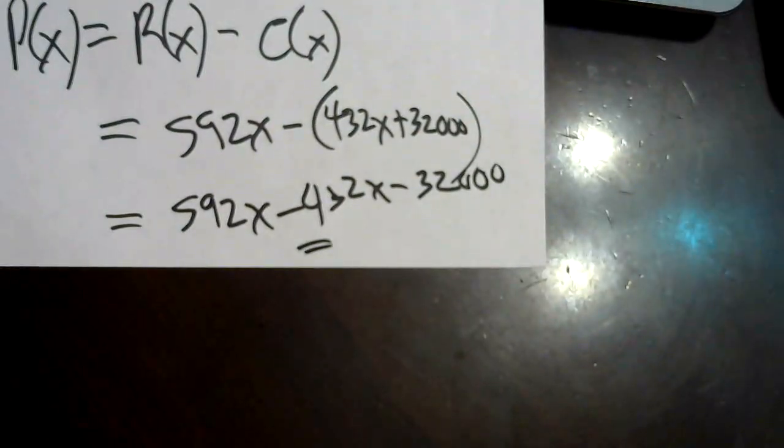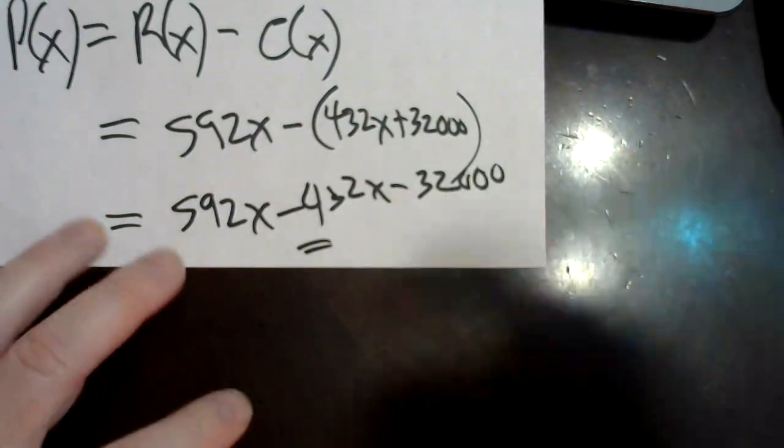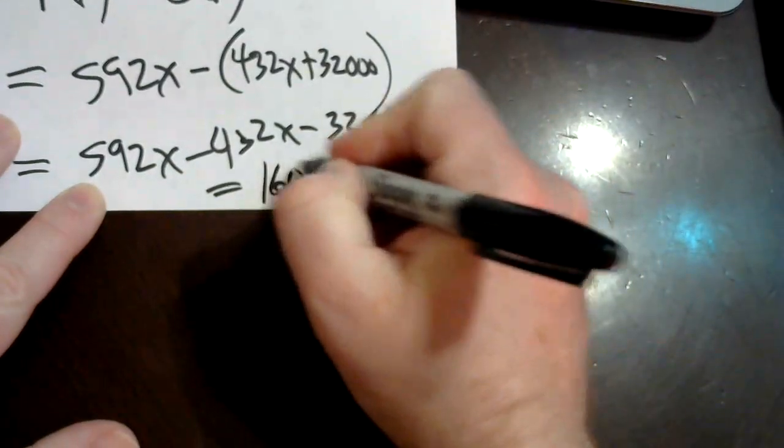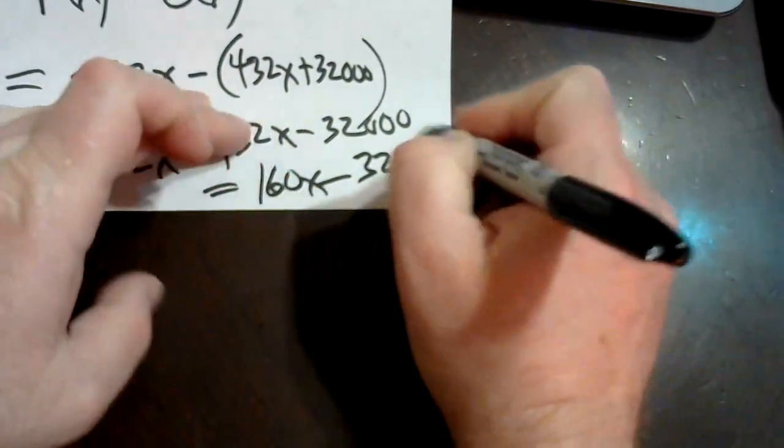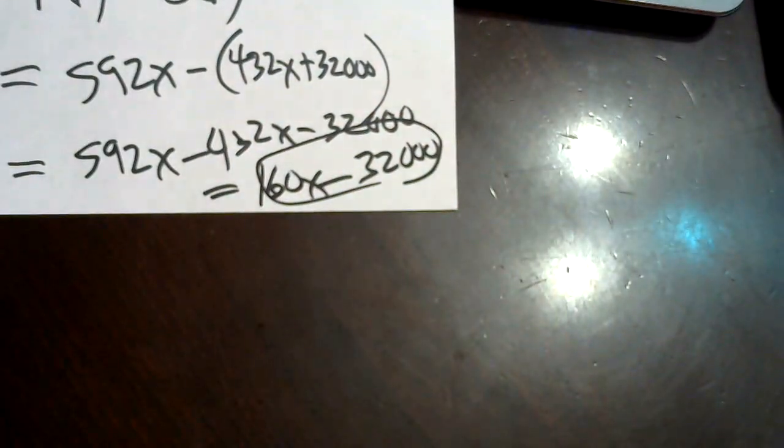So let's use a calculator on this last part. And I get 160 for a coefficient of x. So there's your profit function. And then part B says, what is the profit if 600 satellite systems are produced and sold in 1 month?